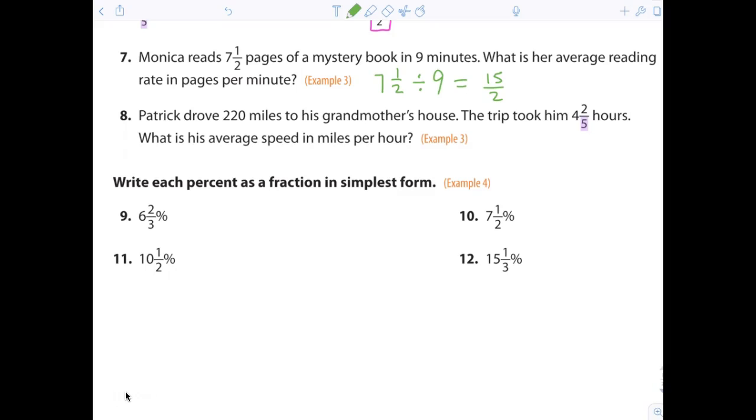And then division becomes multiplication, and 9 becomes a 1 over 9. Please write that down now. Make sure you're writing this information down. I'm not interested in just your answer. You're going to write it down. Now, what can I reduce?